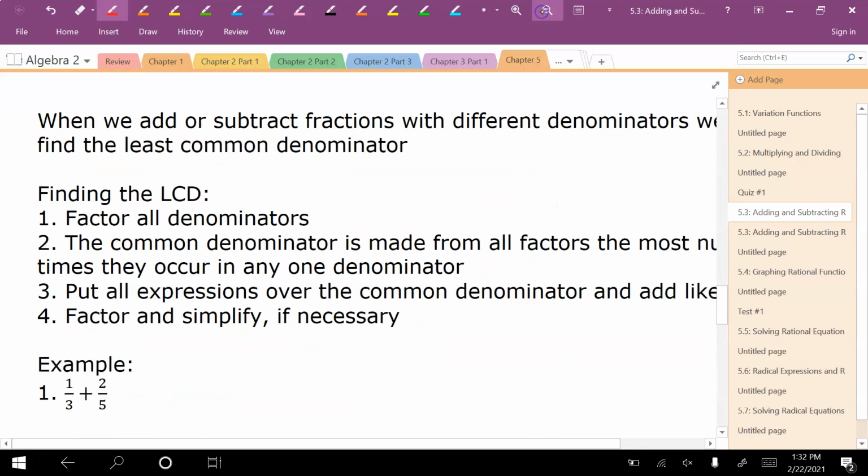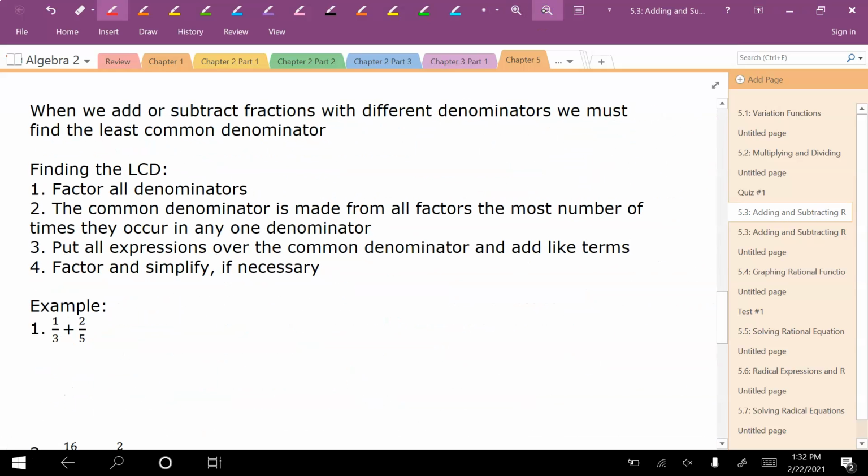So to do that, we need to talk about something called the least common denominator, LCD. This is when you're looking at the numbers or the terms that you have in the bottom of your fractions and you're trying to get them to match. But you want to get to the smallest number that they have in common. So in order to do this, you want to factor all of your denominators. If it can be factored, you want to start there first.